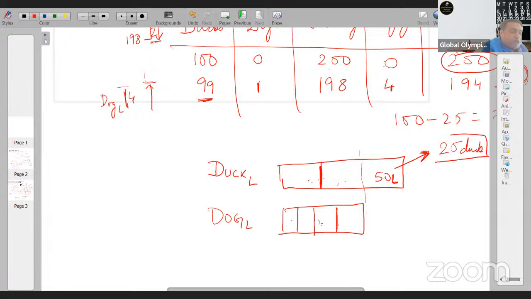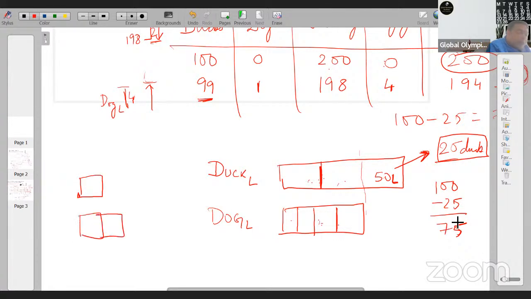Now, 25 ducks when we took out from the total animals, my number of animals left is 100 minus 25, which is 75. Now I know that if the dog is 1 part, then the duck is 2 parts for these equal legs. Then only the legs will be equal, correct? So this is equal to 75 animals.